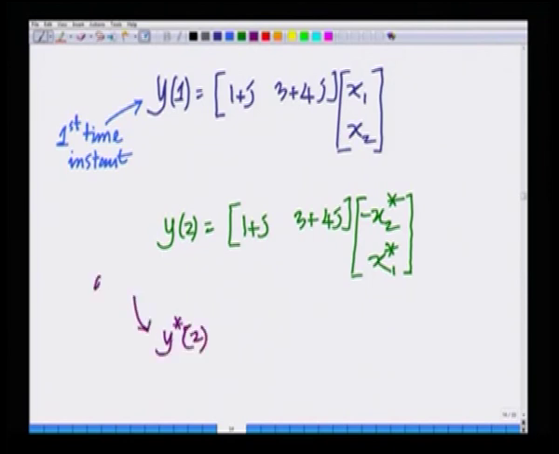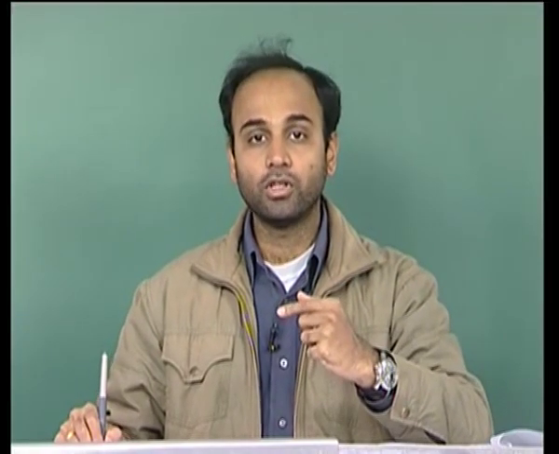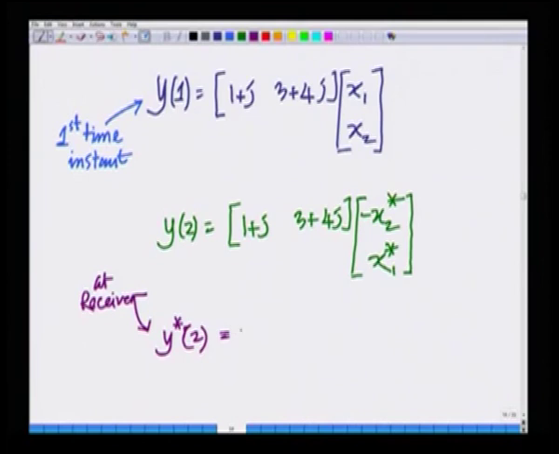So, this is done at the receiver. Remember the operation of conjugation, that is the operation of taking conjugate of y 2, is being done at the receiver. This is nothing but 1, that is H 1 conjugate, 3 minus 4 j, which is H 2 conjugate into minus x 2.